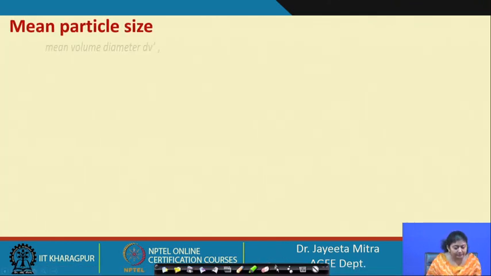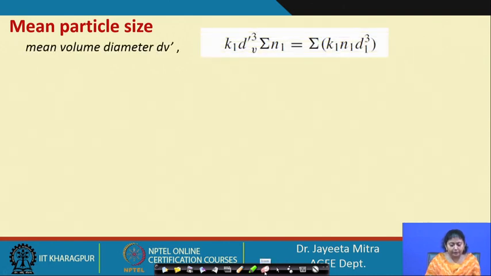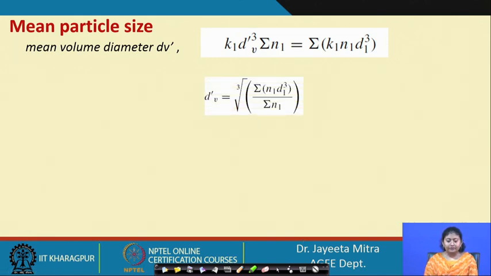Now, next will be the mean volume diameter dV dash, which is represented this way. Suppose we have the dimension dV dash, the mean volume diameter.